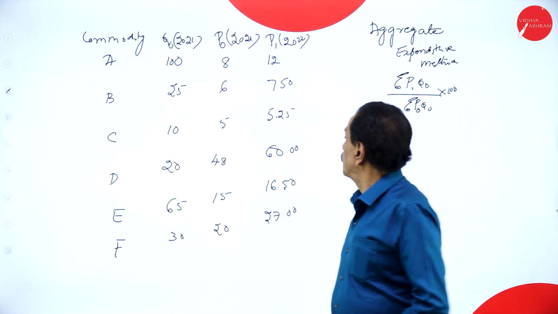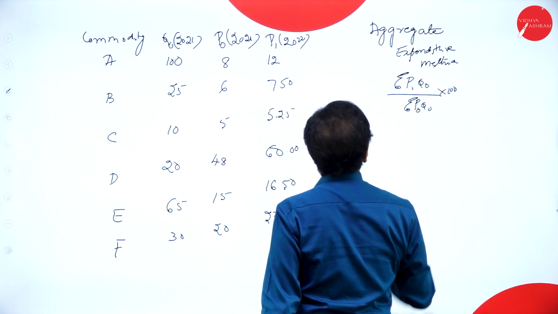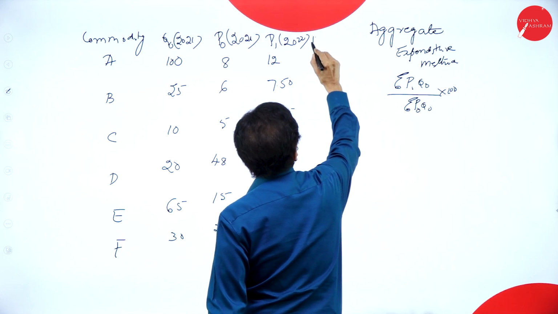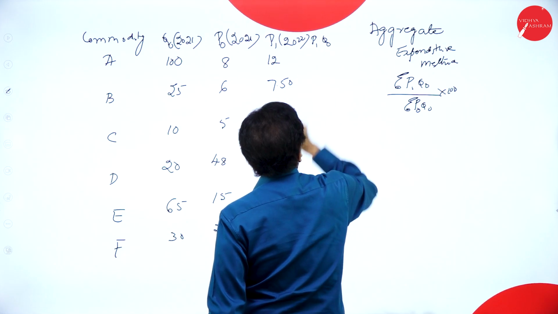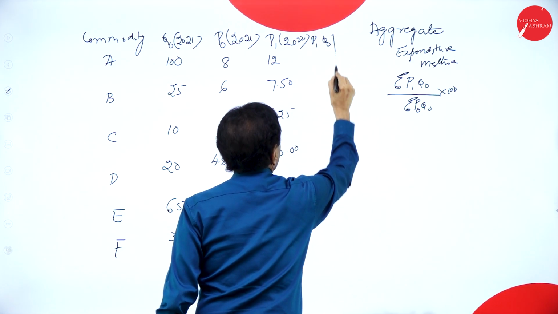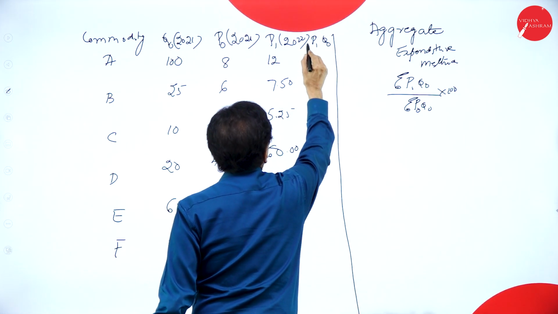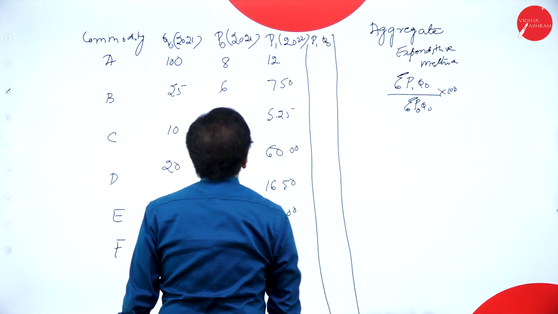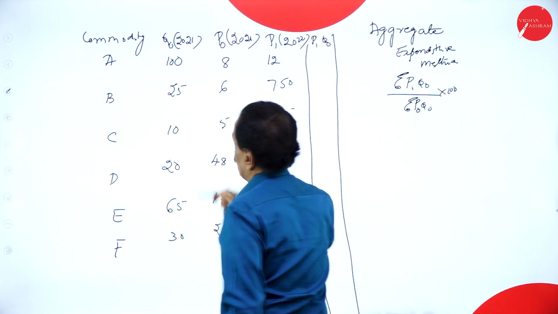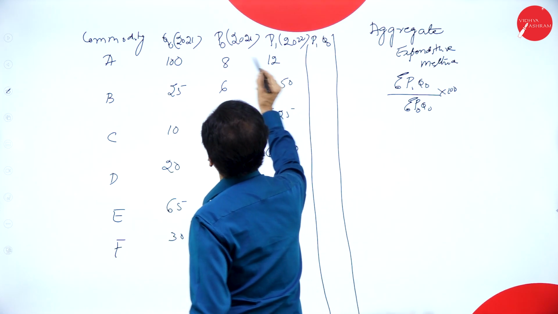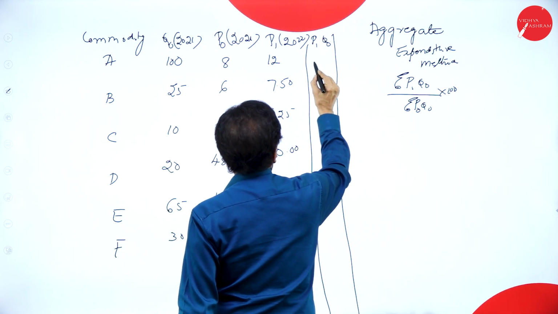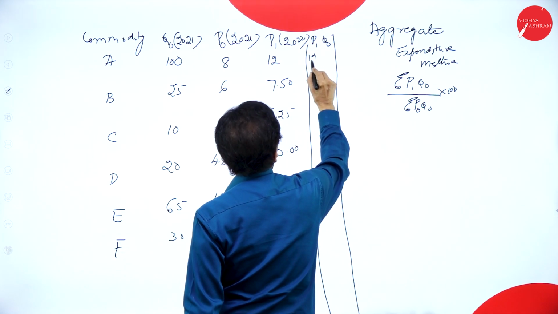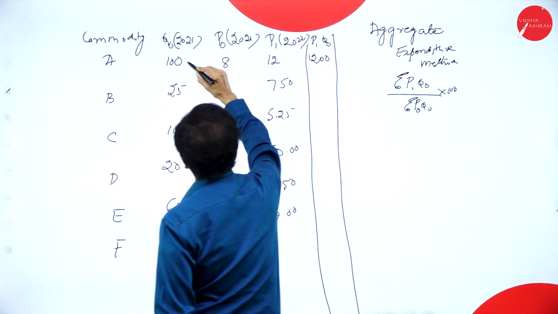Now, we'll come back here. What we require? P1 Q naught. 12 ones are 12, followed by 20.